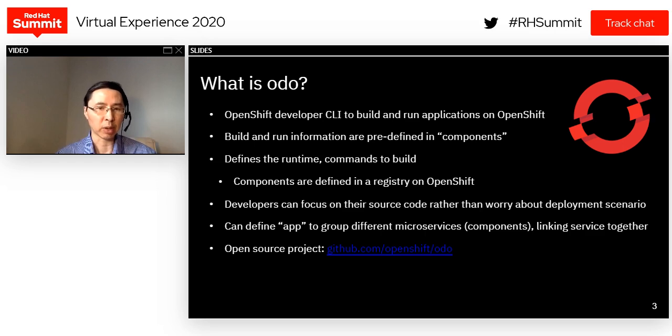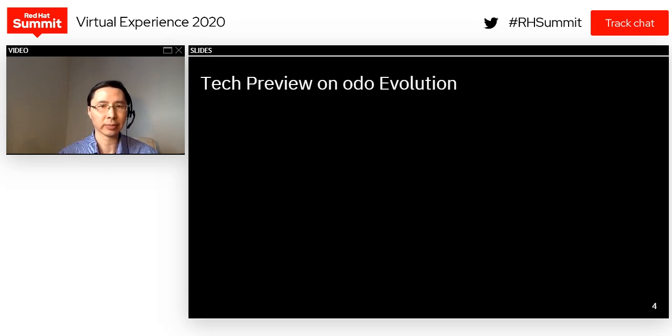Odo can also define a notion called applications, where you can define multiple components so that you can have multiple services linked together to become a much bigger application. Odo itself is an open source project, so you can find the source from the repo that's listed in there.